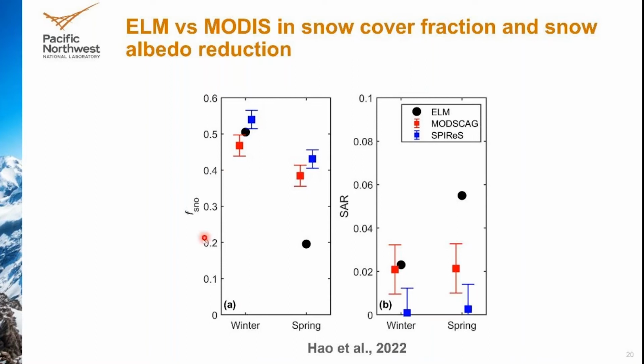We can see in winter ELM has good agreement with the remote sensing products, both for the snow cover fraction and snow albedo reduction. But in spring, ELM underestimated the snow cover fraction, but overestimated snow albedo reduction.